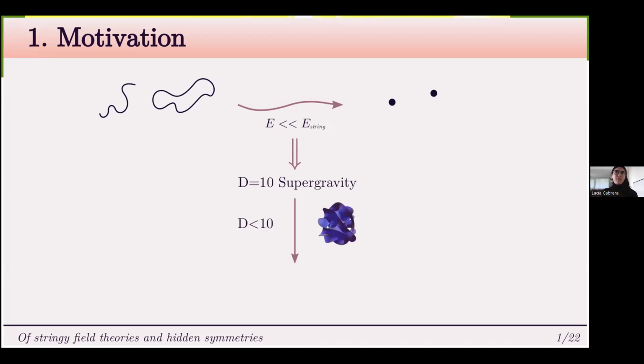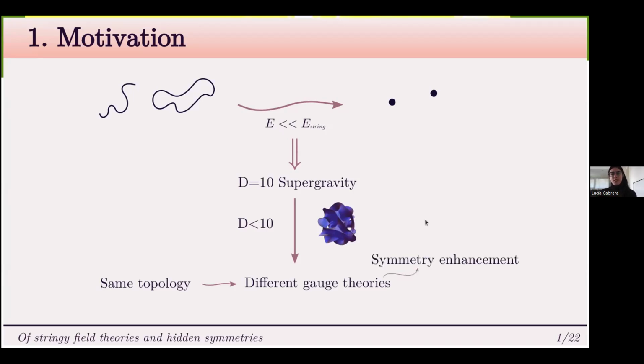And one very interesting feature is that the effective theory that we get does not only depend on the topology of the compactification manifold, but it will also depend on some other things, and this is where the stringy part comes in. This will be due to gauge symmetry enhancement, which is a purely stringy phenomenon.